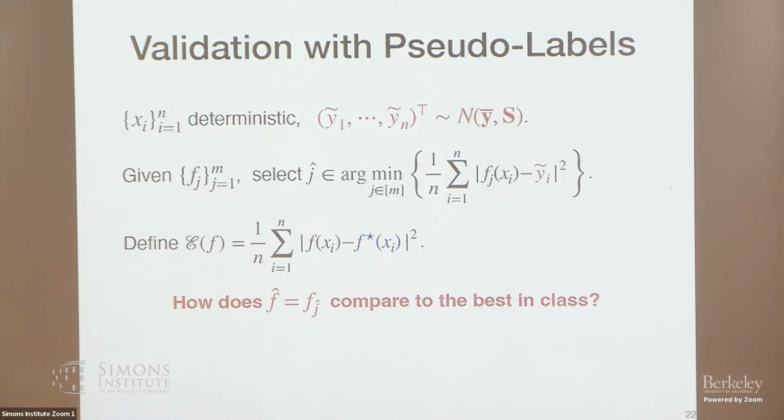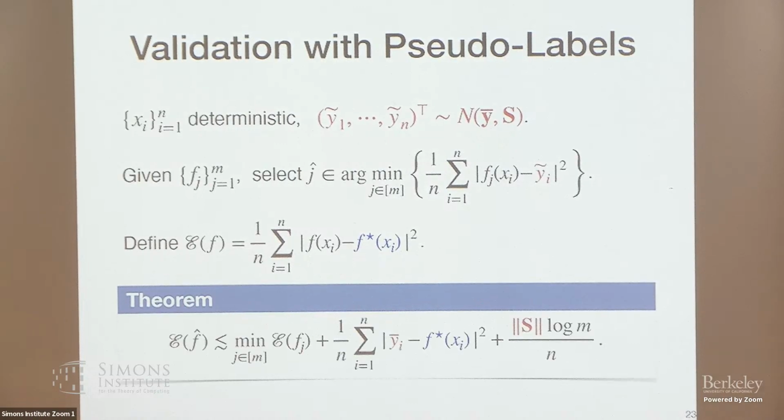There's a discrepancy between my criterion and the real one. So you can imagine the error in the pseudo label will have some impact on your final performance. You don't want them to be too large. And the error comes from two sources. First, it may not be centered around the true target. And second, there's some randomness. So you need to analyze the impact of bias and the variance.